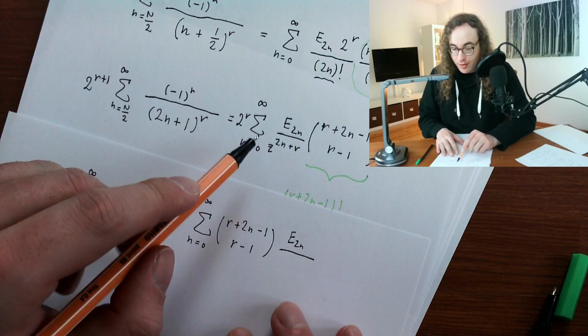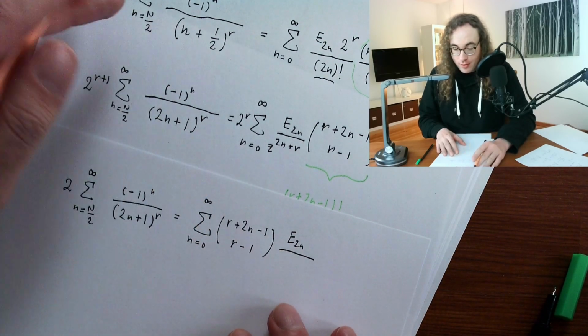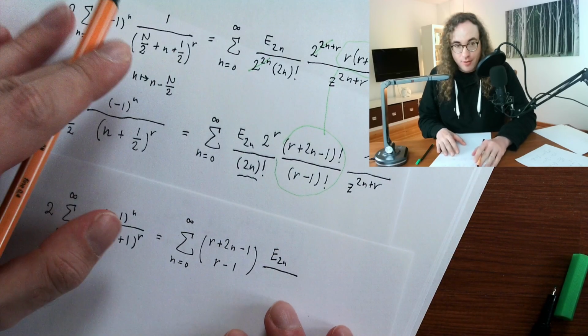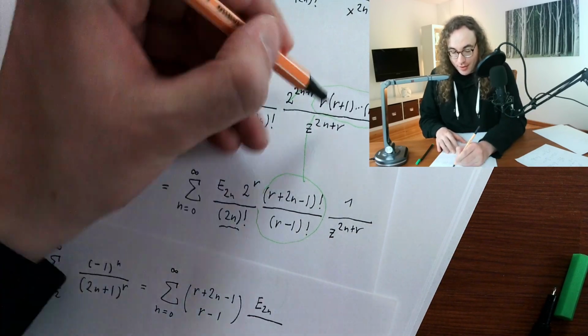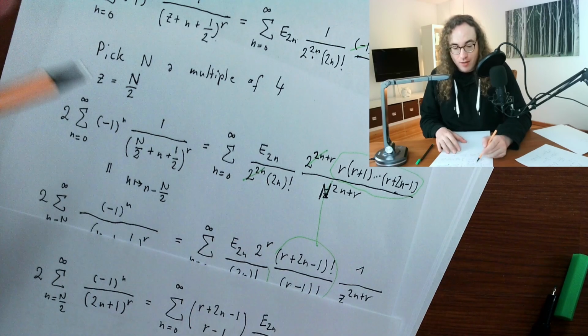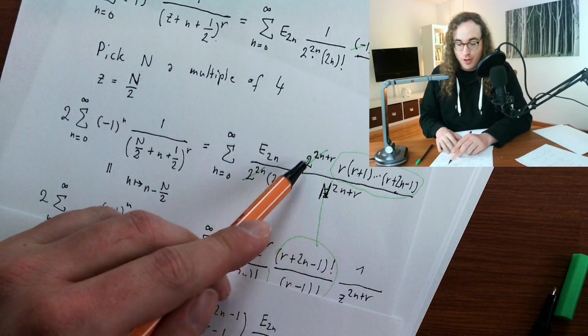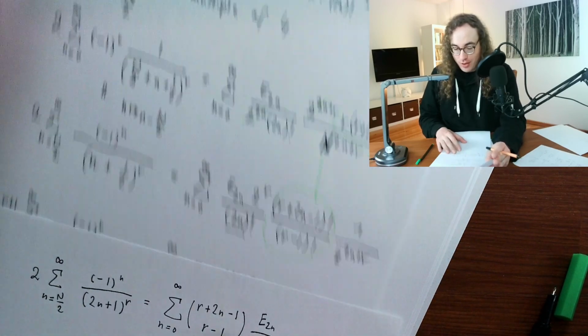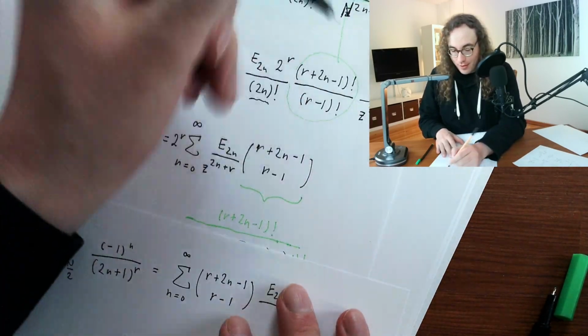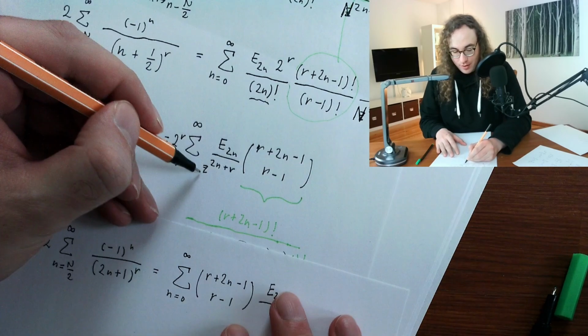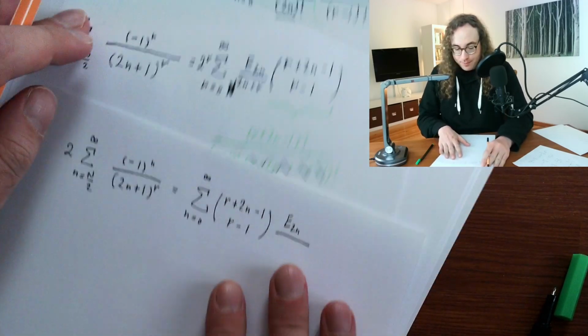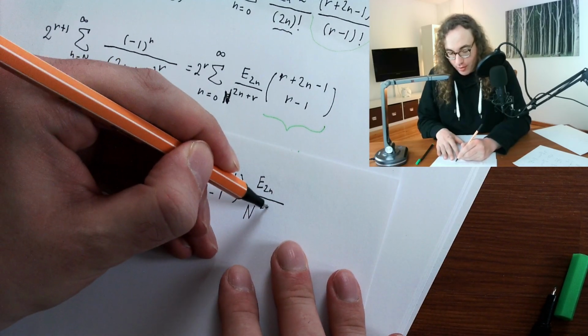Sorry, I forgot to plug in the n. Remember n was z half, and I even implemented the corresponding factor up here. I apologize. So this is not a z, this is an n. So divided by n to the 2n plus r.